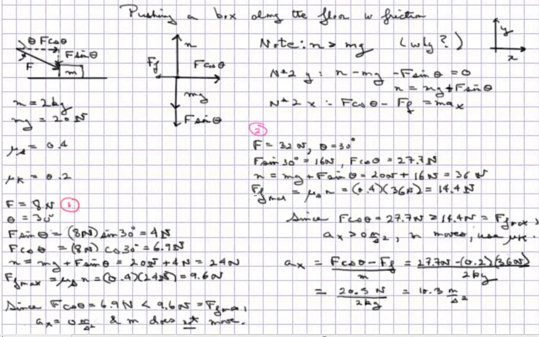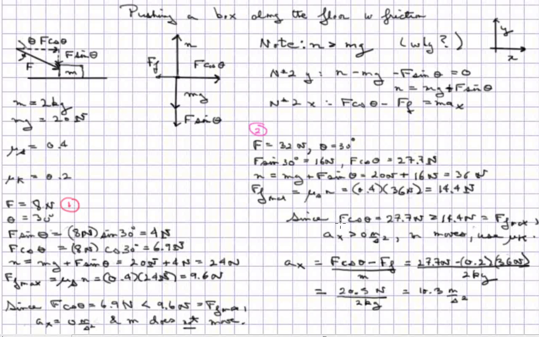And so now we need to compute to see whether the object moves or not, has any acceleration. We first of all compute the maximum frictional force, and that's always given by the coefficient of static friction times the normal force. So in this case, the normal force is 36 newtons, and the coefficient of static friction that we're assuming is 0.4, and so that's going to be 14.4 newtons.